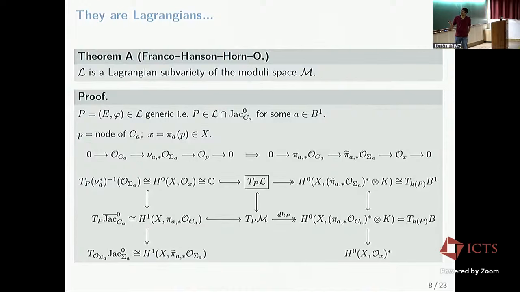It turns out that these inclusions actually come from an exact sequence. So this is the normalization, the exact sequence on the nodal curve, which by pushing forward gives this exact sequence on the base curve. And by taking cohomology, you have this exact sequence in cohomology. And if you note, the symplectic form on the moduli space basically pairs these directions with these directions. This is basically Serre duality. So the directions here, this is dual to that.